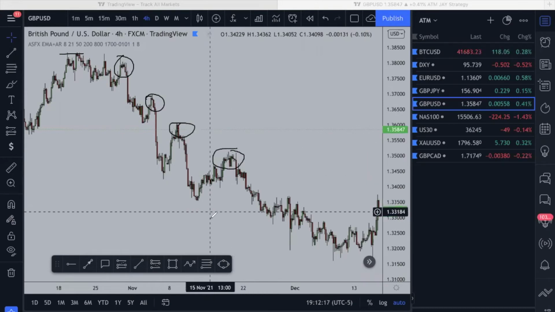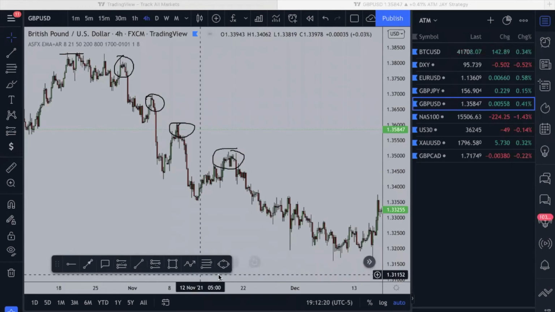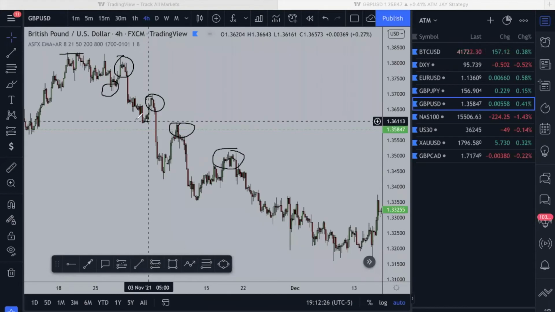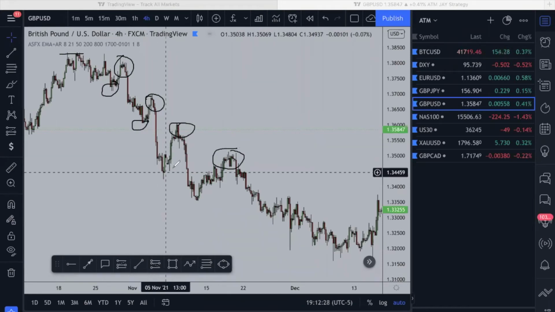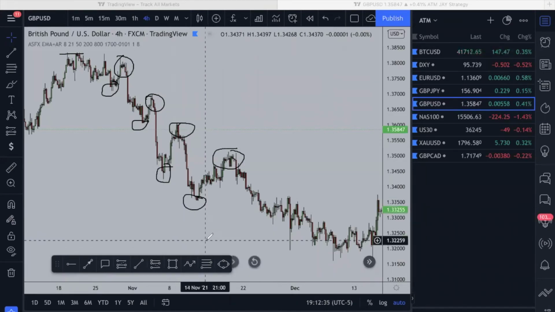All right. So I'm going to just focus on this area right here for now. Then we're going to mark our lower lows. All right.